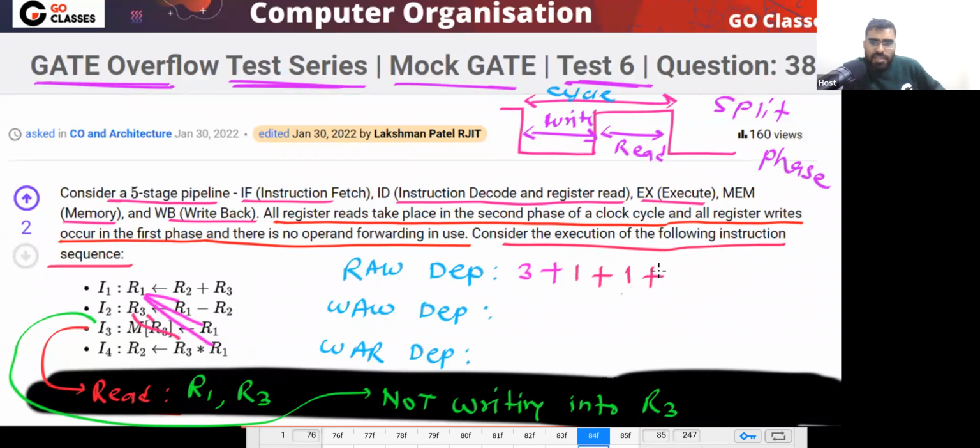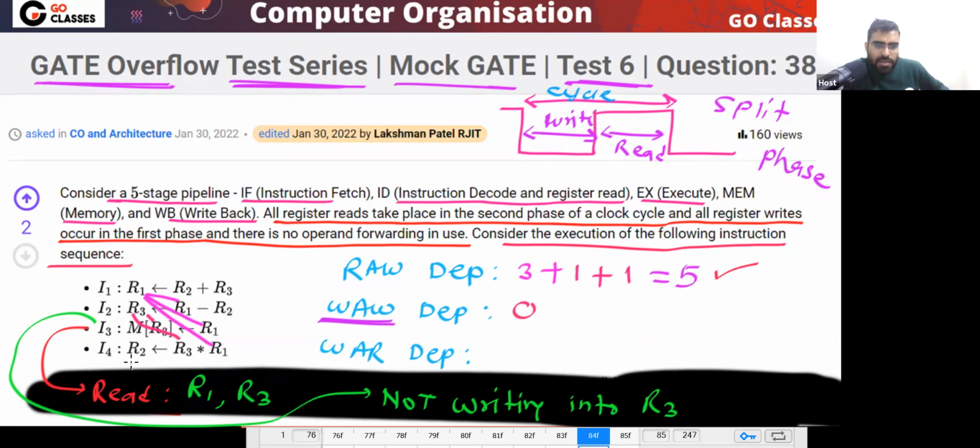That's it. So your final answer will be what? How many RAW dependencies? 5. You have a total of 5 RAW dependencies. How many WAW dependencies in this question? Write after write, none of them. 0. Very good.